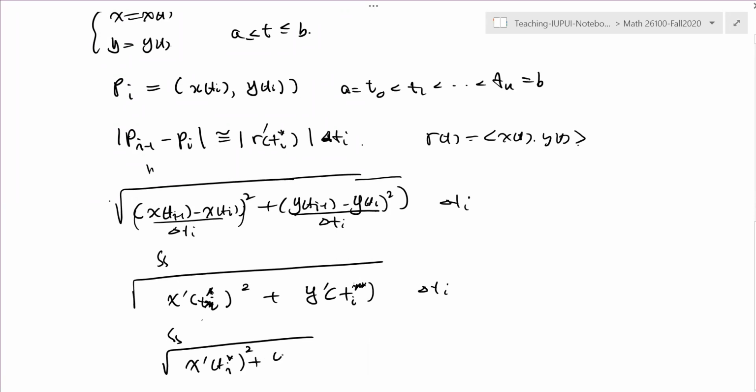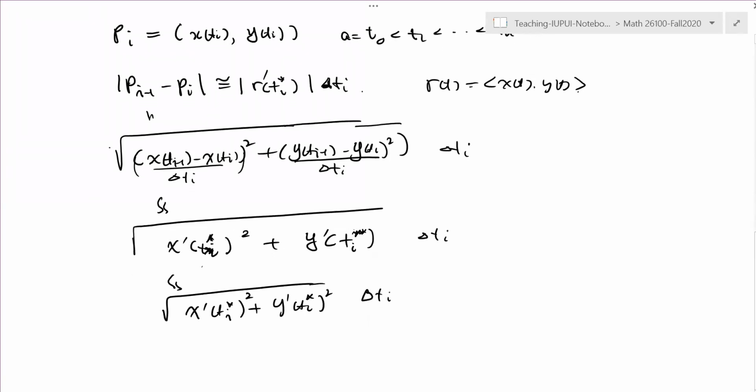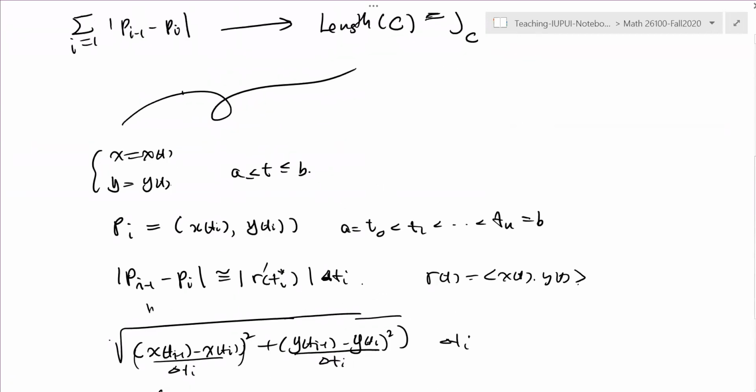So it's y prime ti star squared, times delta ti, just an approximation. So this is nothing but the length of the derivative.